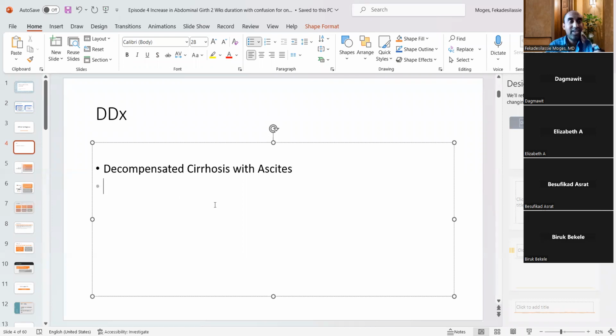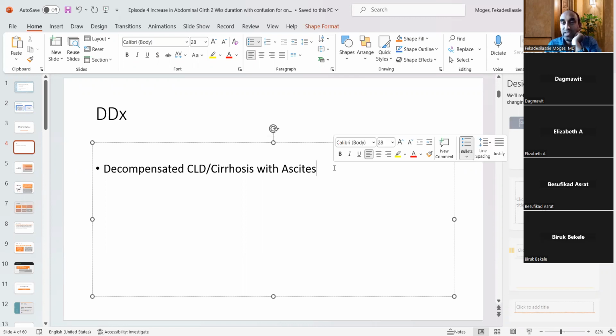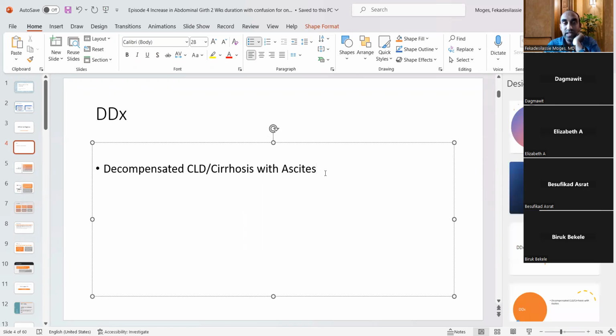I'm helping you. So decompensated cirrhosis, or decompensated chronic liver disease, or cirrhosis with ascites, right? Because ascites is a sign of decompensation. When a chronic liver disease or cirrhosis decompensates, they tend to develop ascites or worsening of ascites.